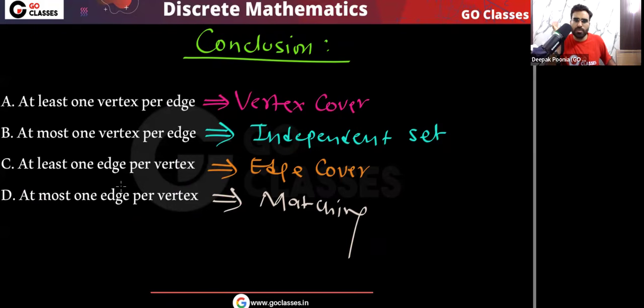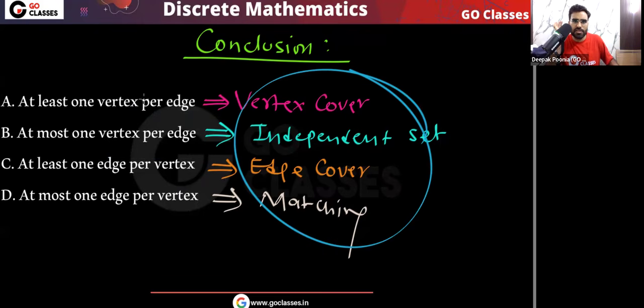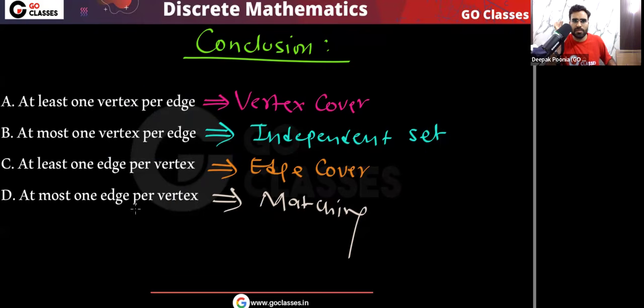Most of the students will make mistakes, because these are confusing statements: at least one vertex per edge, at most one vertex per edge, at least one edge per vertex, at most one edge per vertex. So definitely many students will make mistakes in this question if it comes in the GATE exam, where in one column you have these terms and in another column you have these terms.